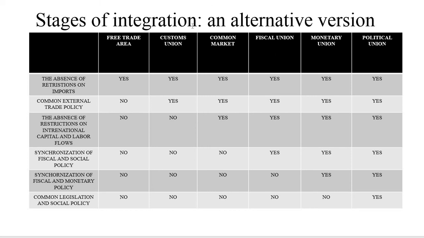So they just shifted from common market immediately to monetary union. So at this stage, there is no full fiscal synchronization among the members of the European Monetary Union. And probably that's why it was so problematic, and it is still so problematic in the European Monetary Union.